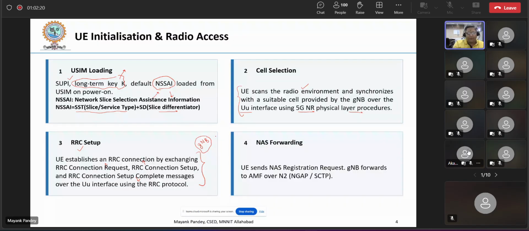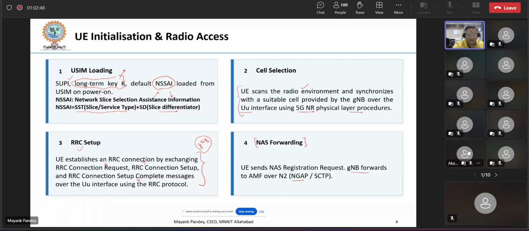Then as in 4G, remember we used to have this NAS. Using NAS, we attach our mobile phone, register our mobile phone to the 4G EPC, and then we get the IP address. All these things happen in this NAS thing. If you remember 4G, a similar thing happens here using the next generation application protocol.